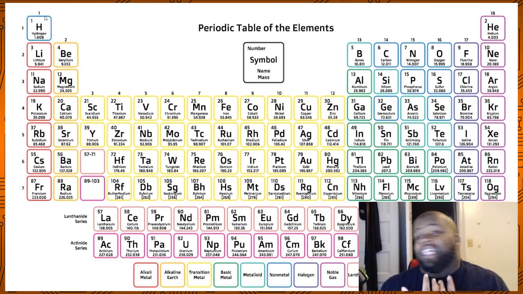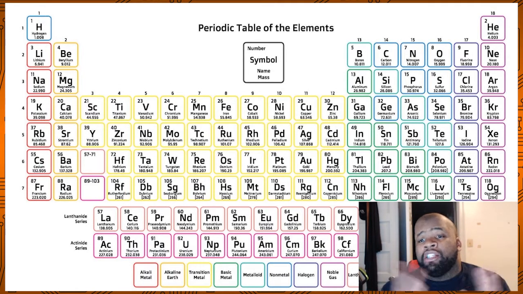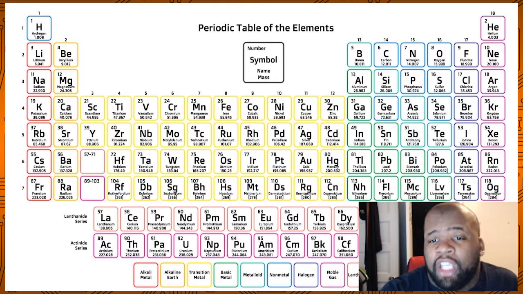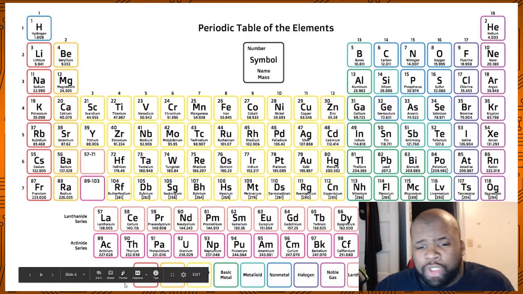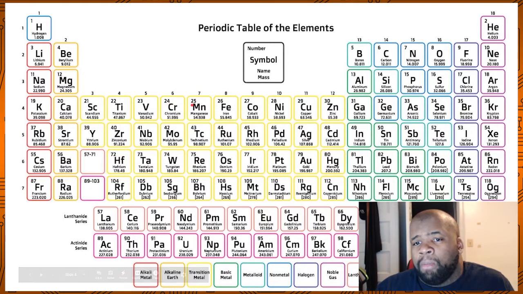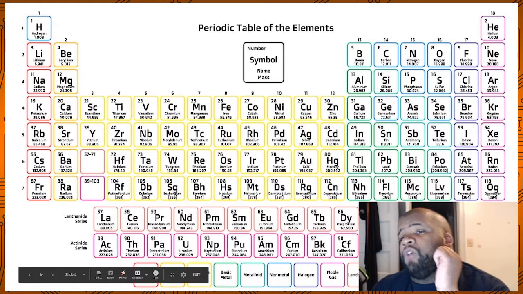I want you to remember this. I said this last time, but I'm going to reiterate. Atomic numbers are never decimal points. They are always whole numbers. So if you look inside each and every box, and I'm pointing to the screen like you can see it, if you look inside each box, there is a whole number. That is the atomic number. Now the numbers we're looking for are 7, 8, and 10.